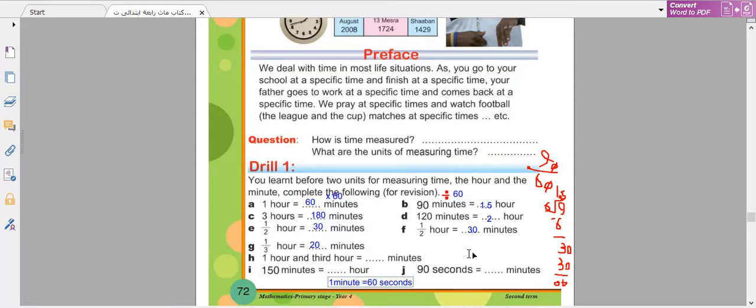But when we want to change from a small unit to a greater unit, we use division. So here, second is smaller than a minute, so we will use division. We will divide it by 60.